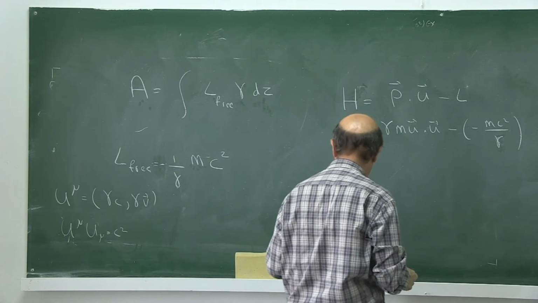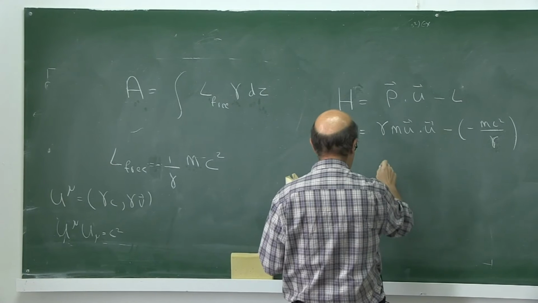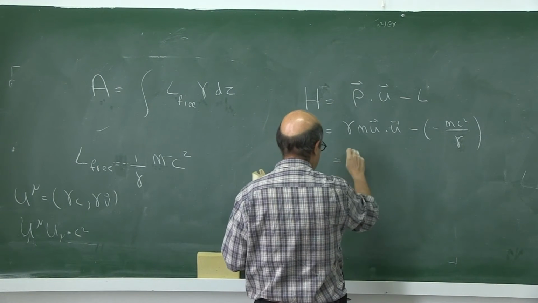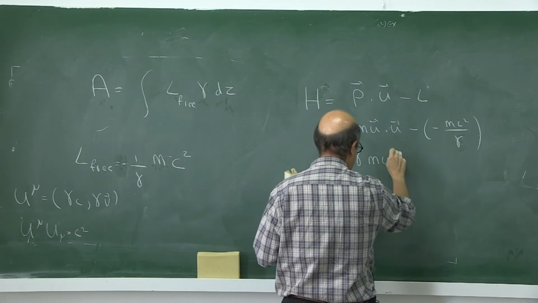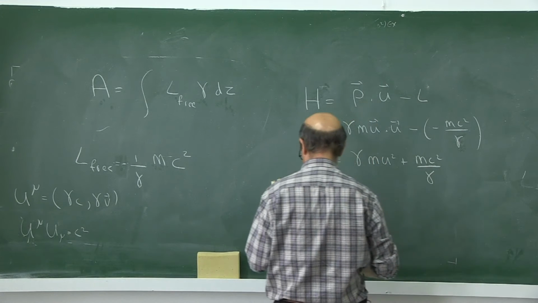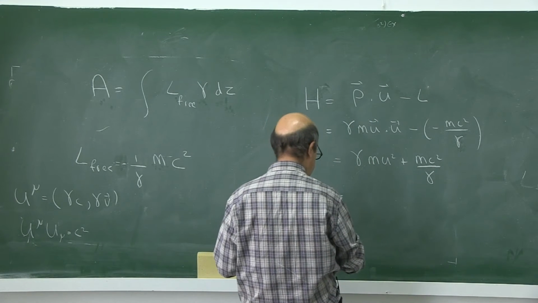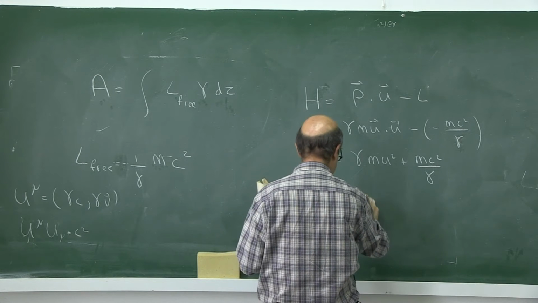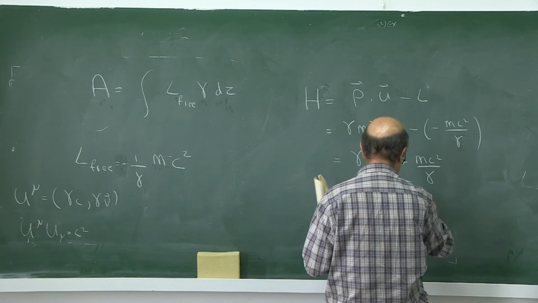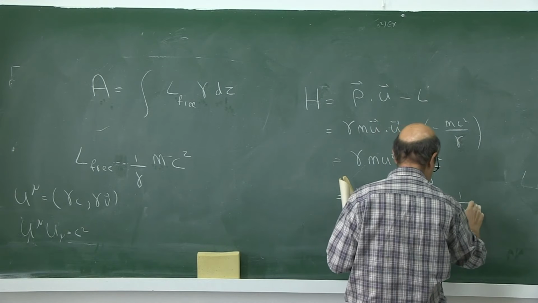So you will see that gamma mc squared appears automatically. So that is equal to what? Gamma mu squared plus mc squared over gamma. So if you take gamma mc squared in parentheses, you will find u squared over c squared plus 1 over gamma squared.